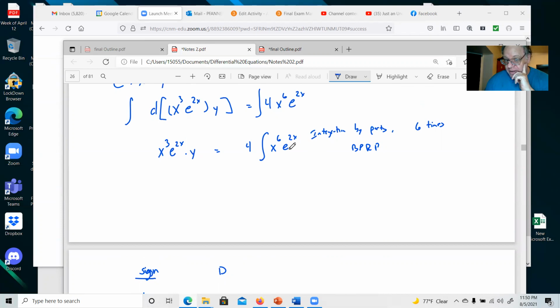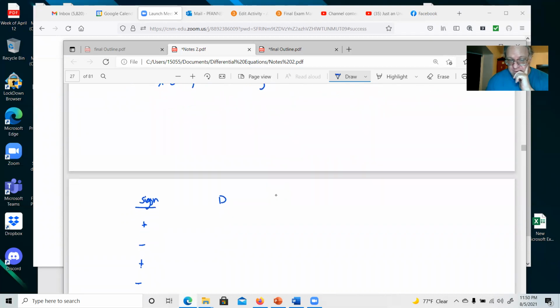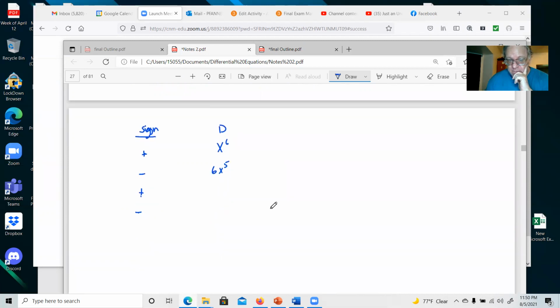We're going to integrate e to the 2x, but we're going to take the derivative of polynomials. So we're going to have x to the 6th. The derivative of that is 6x to the 5th. Then 6 times 5, x to the 4th. 6 times 5 times 4, x cubed.